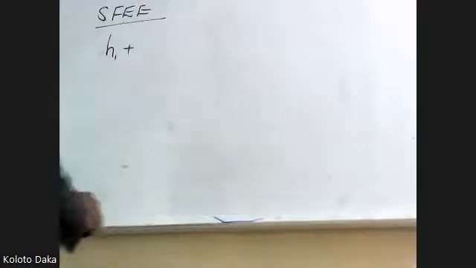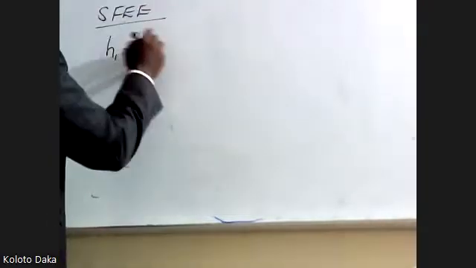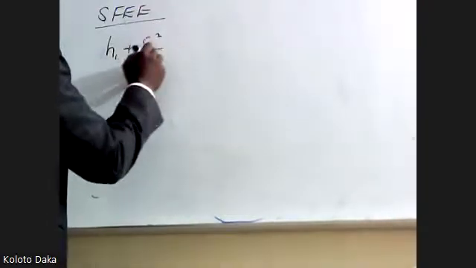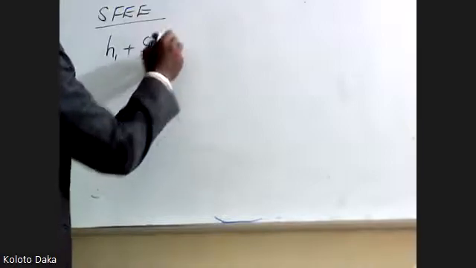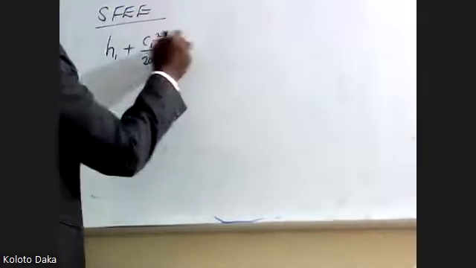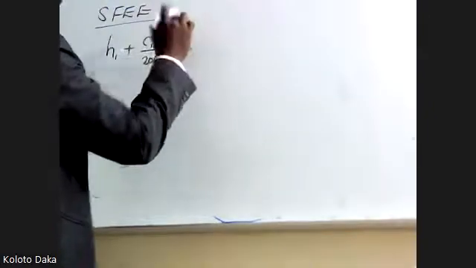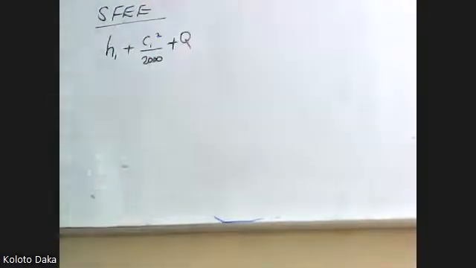Okay. Enthalpy plus C1 squared over 2000 plus heat added, because no height has been mentioned. So we are not going to take height into consideration.